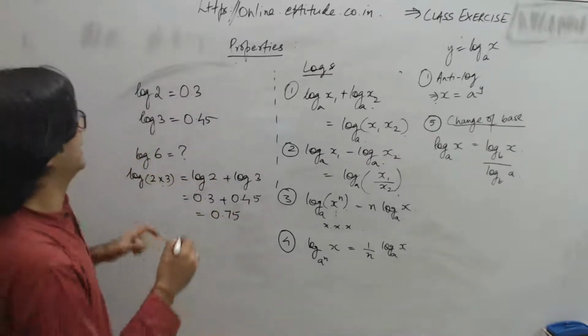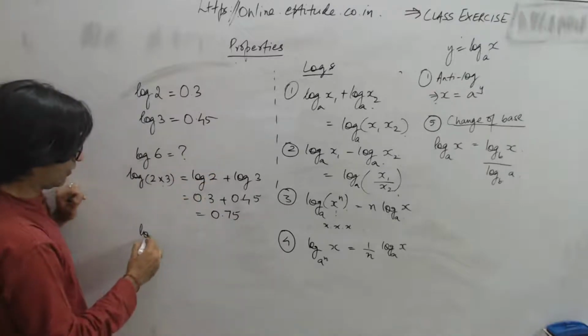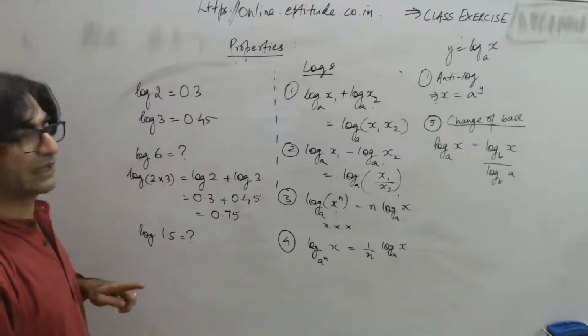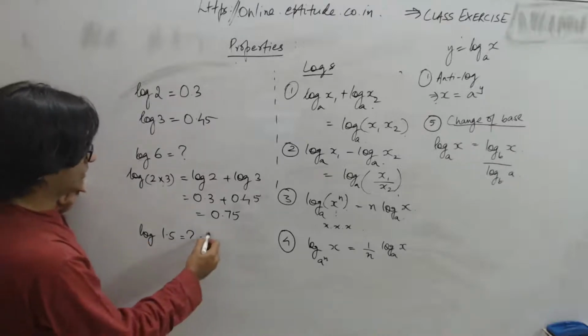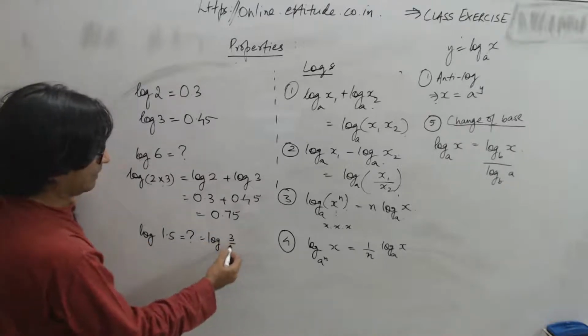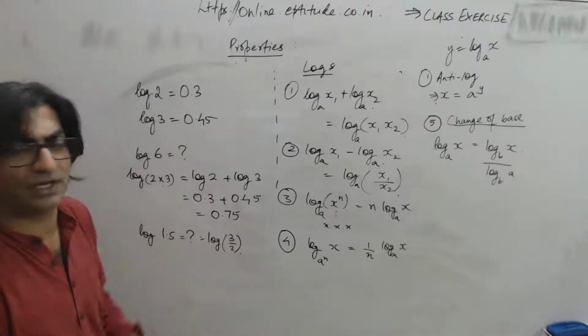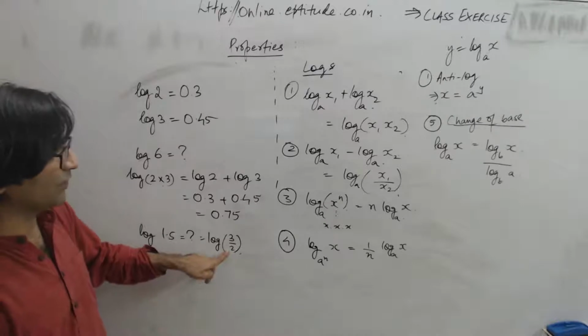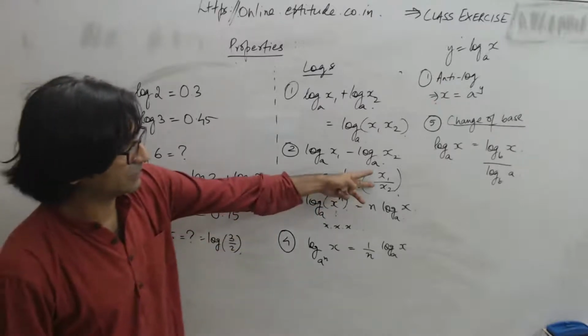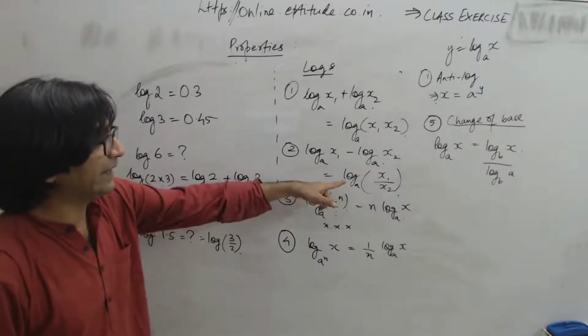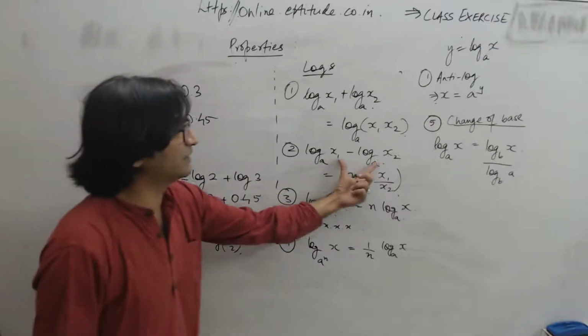So the value of log 6 is 0.75. Similarly, if I ask you what about the value of log 1.5? To calculate the value of log 1.5, you'll say, okay, this is log of 3 by 2. What is 1.5? 15 by 10. 15 by 10 simplifies into 3 upon 2. Now I have a log containing a division. So if I have a log containing a division, then I can rewrite this as the difference of two logs.